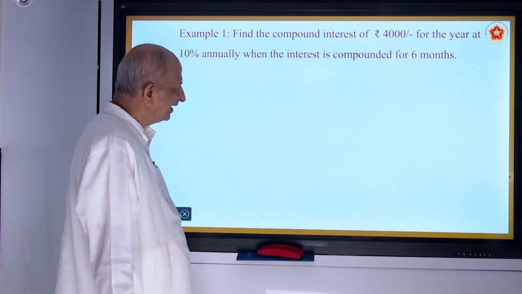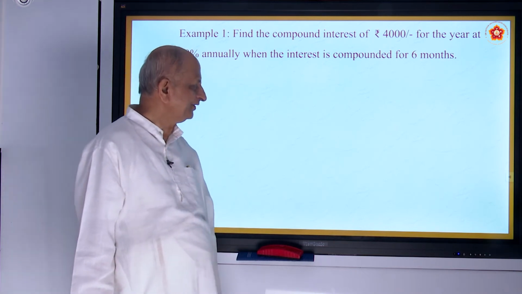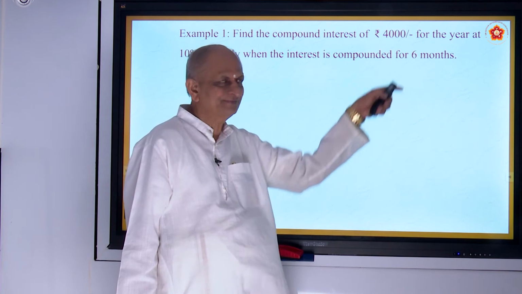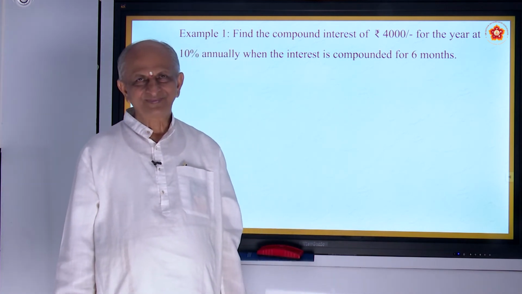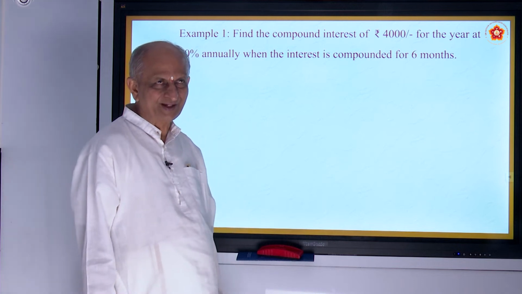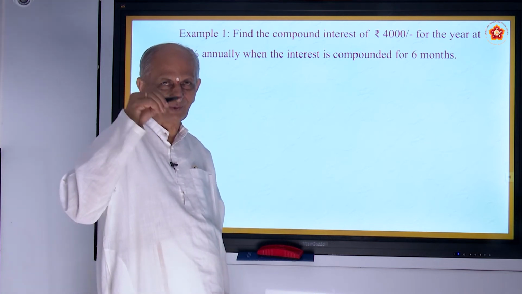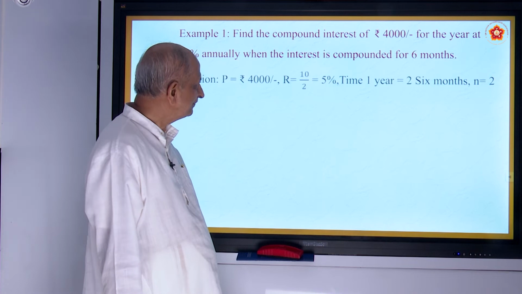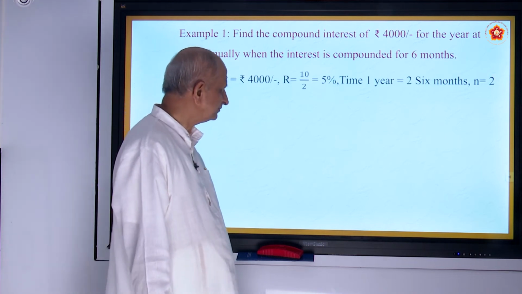Correct? And suppose it is 3 months, then you must take 4 times, 1 by 4. The rate of interest must be taken as 1 by 4. Correct? So that is for information.